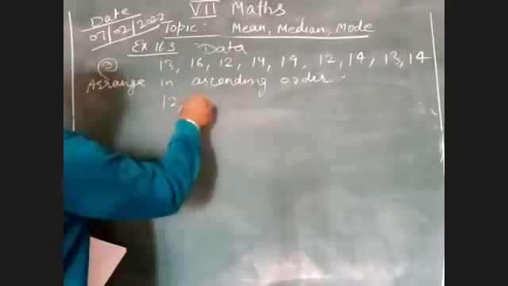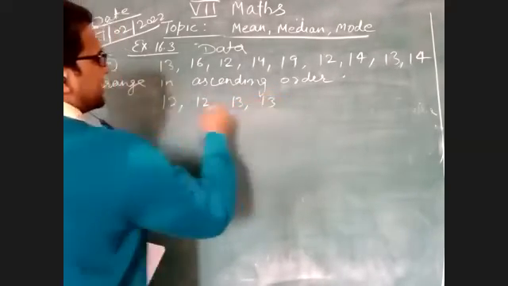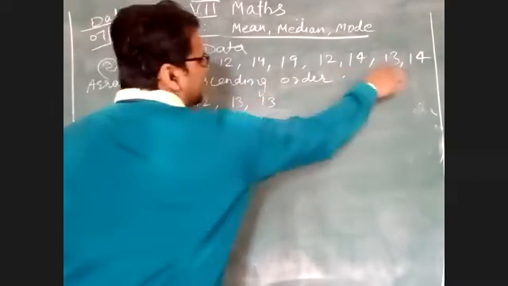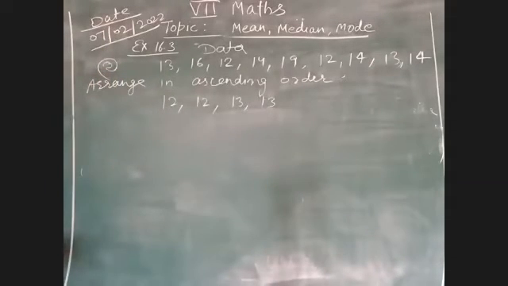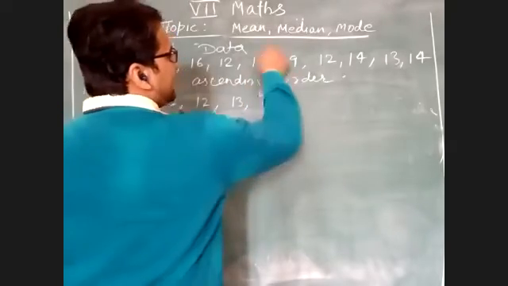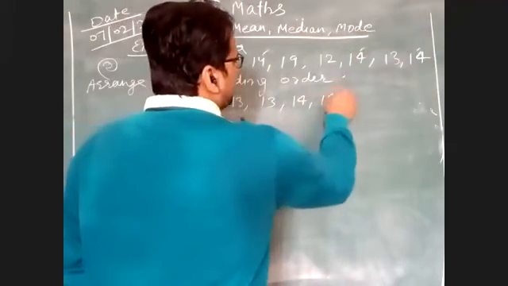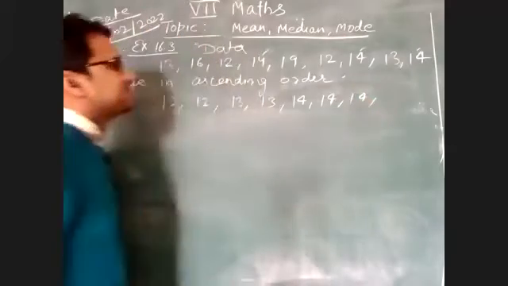So 12, 12, then 13, 13, because 13 is repeating 2 times, and now 14, which is repeating 3 times here, this one and this one. So 14, 14, and 14.